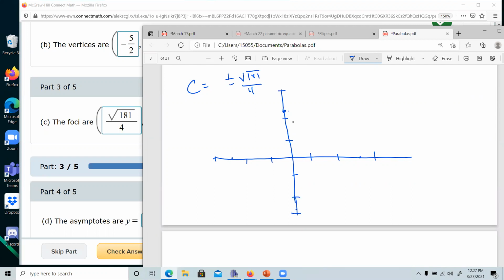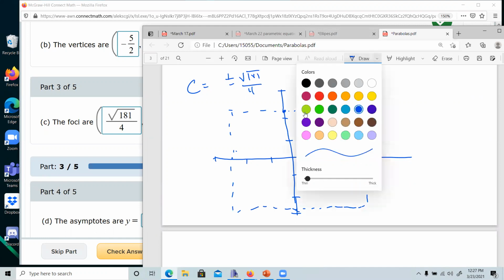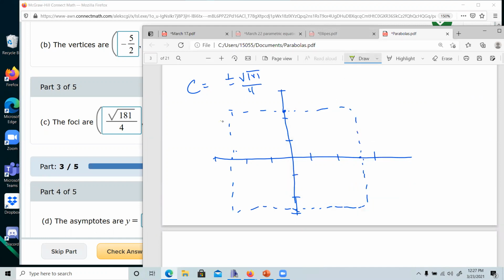All right. So we have our little box here. All right. And then we will go ahead and make our little asymptotes. Again, they go through the center because the whole hyperbola is centered at the origin.